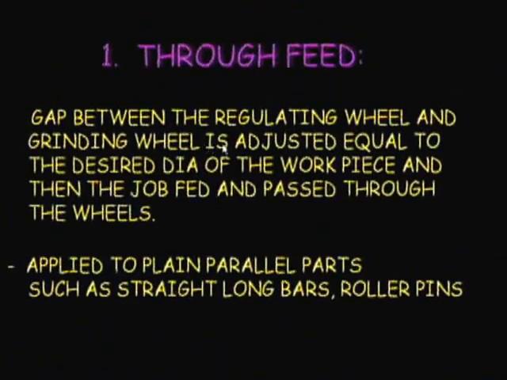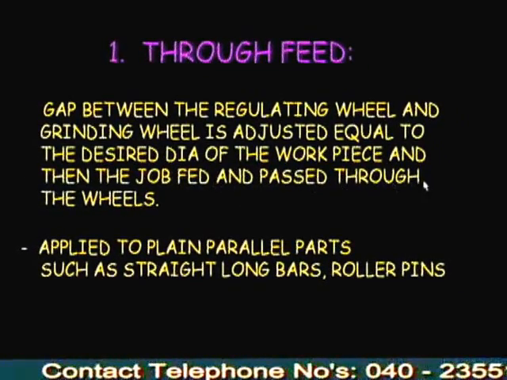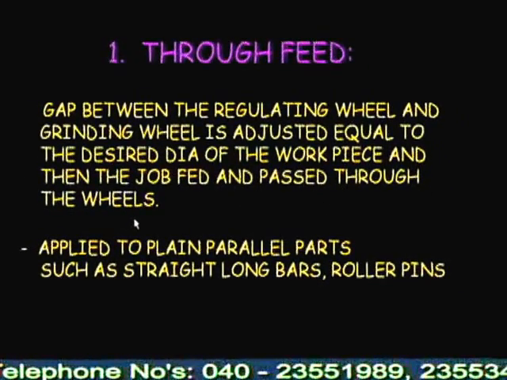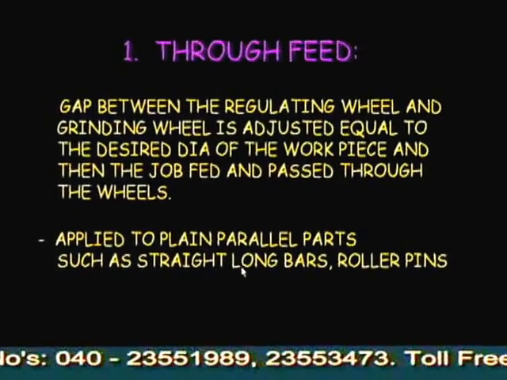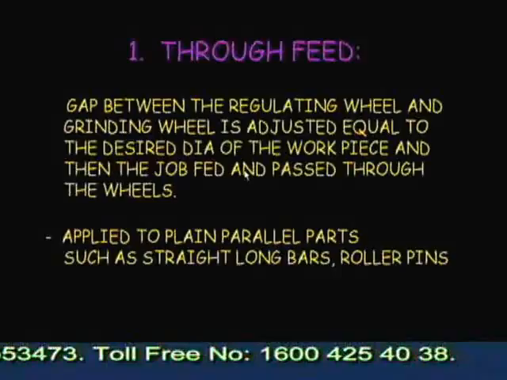What are these different feeds? Through feed: here the gap between the regulating wheel and grinding wheel is adjusted equal to the desired diameter of the workpiece, and then the job is fed and passed through the wheels. It is applied to plane parallel parts such as straight long bars and roller pins. First we set the grinding wheel and regulating wheel, with the gap as per the workpiece requirement, and that can be adjusted.